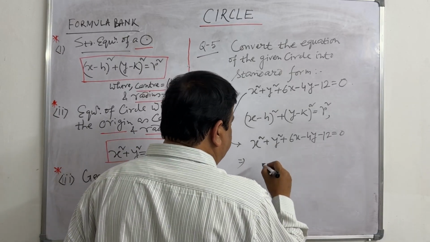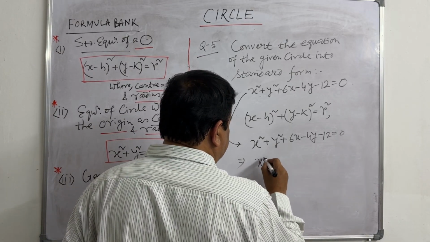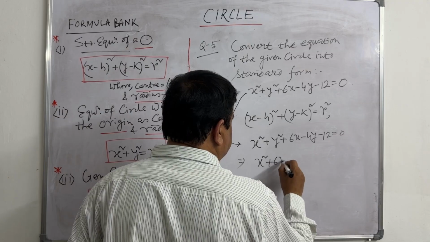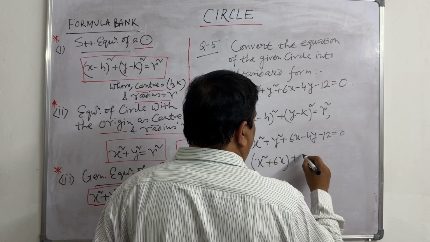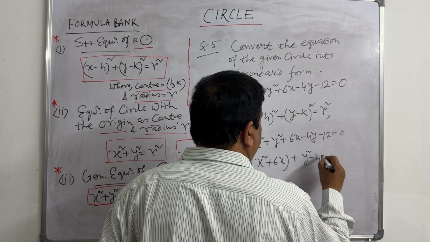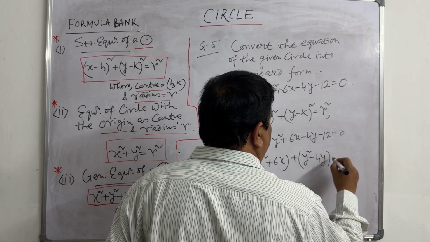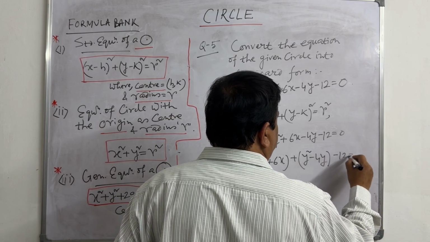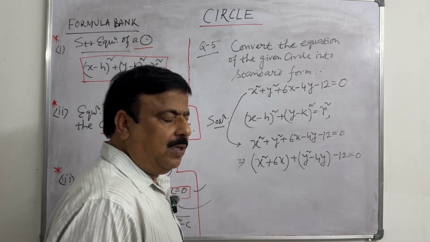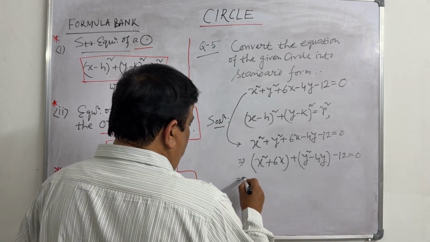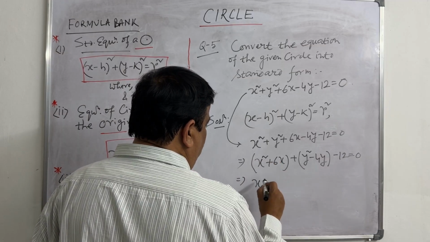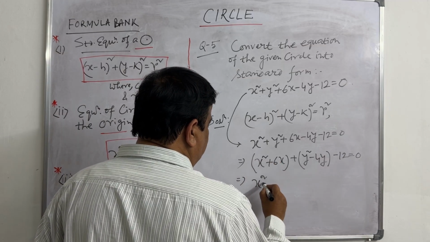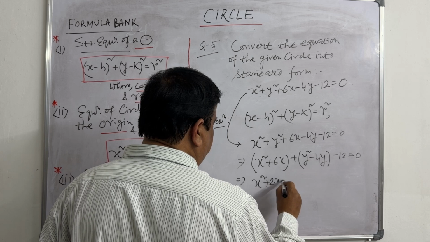So rearrange this equation as this: x square plus 6x, and form another group as y square minus 4y, minus 12 is equal to 0. Okay. So to make this a perfect square, what can we add? x square plus 2 into x into 3.